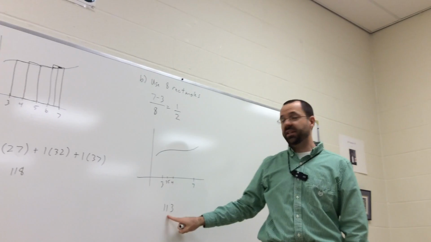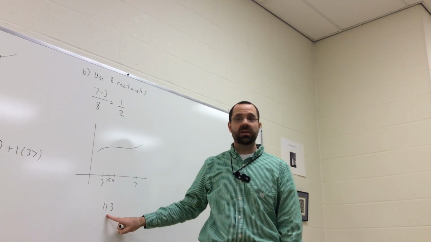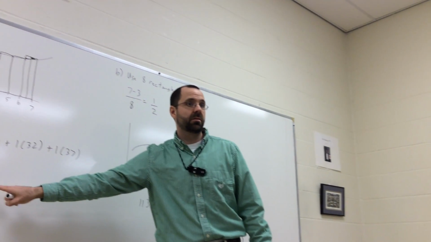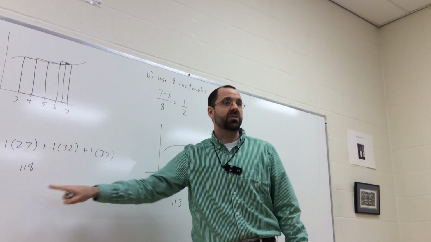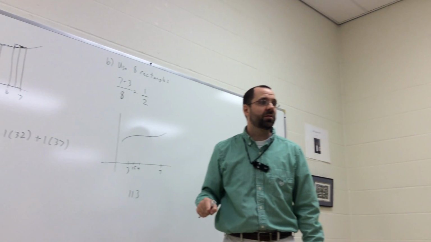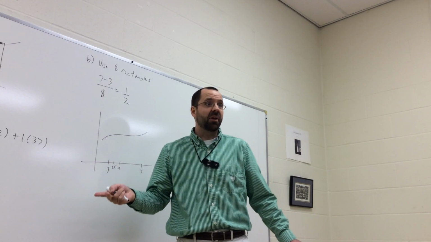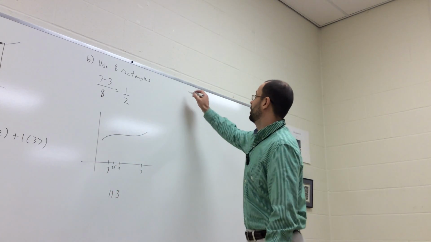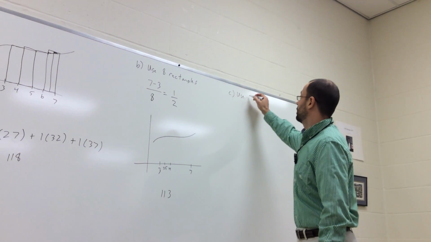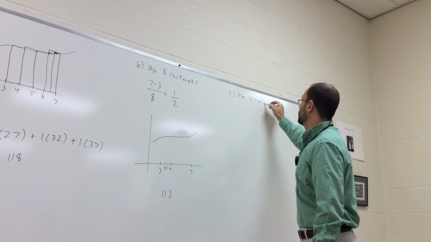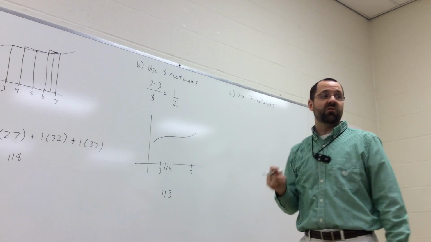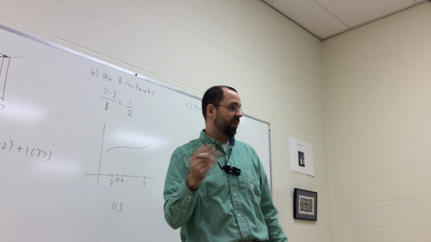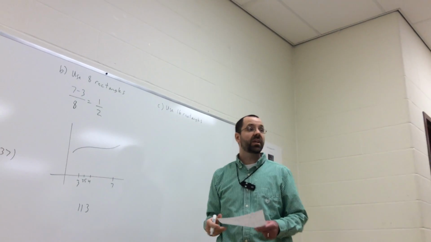So this 113 is a better approximation than this 118. So how could I get an even better approximation? Do 16 rectangles, right? Because then the overlap would be even tinier than with 8.